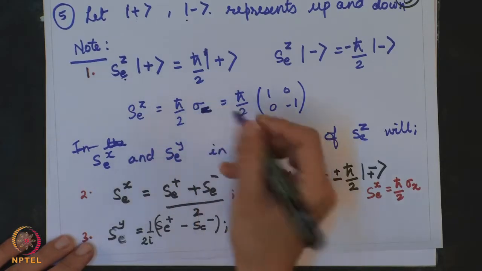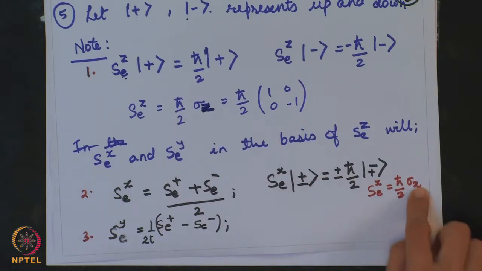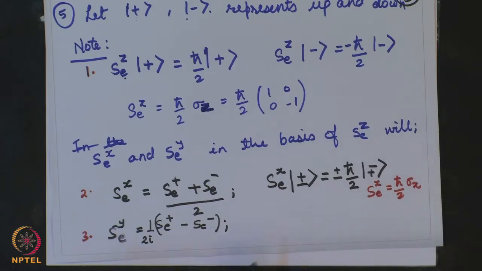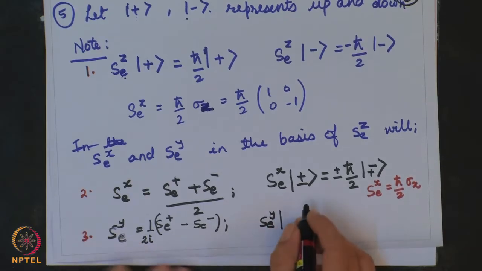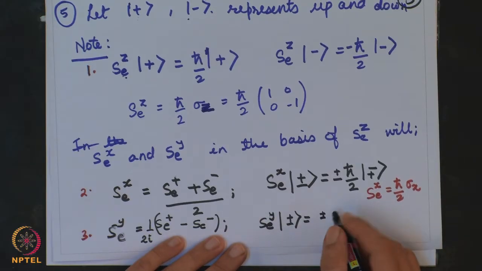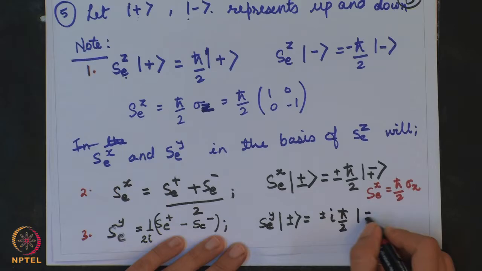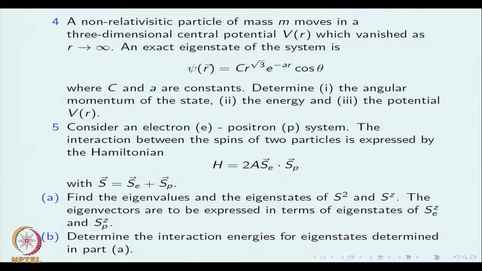Let me correct this: this is sigma z, this is sigma x. Sigma x will be 0 1 1 0. And when the y component is operated on the plus or minus state, it will also project out h cross by 2, but the imaginary part will appear. So these 3 points set up the basic assumptions.